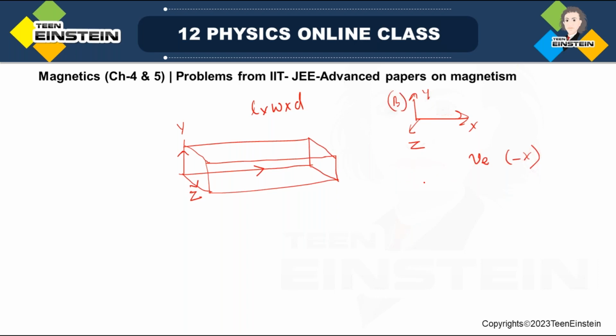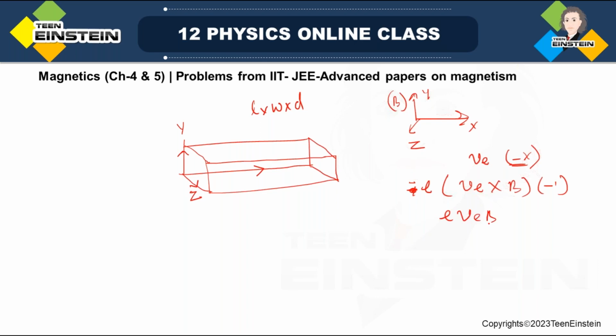So there will be a magnetic force acting on the electrons, q v cross B. I'm taking this with a minus sign, and the electronic charge can be taken as minus as well. So these two negatives will give you a positive quantity.